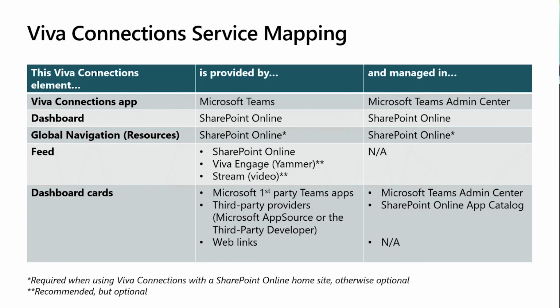The feed is probably the most complex as far as components. It has content coming from three places, as I mentioned a few minutes ago. You'll have your SharePoint Online News, and you'll have Viva Engage or Yammer content coming from the communities and storyline posts. If you're using some of our premium features, like Leadership Corner, you'll have different things showing up in your feed.